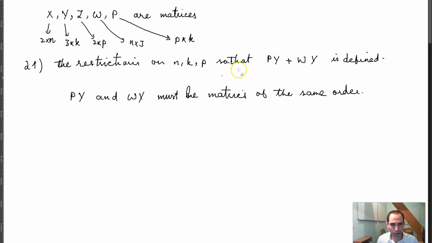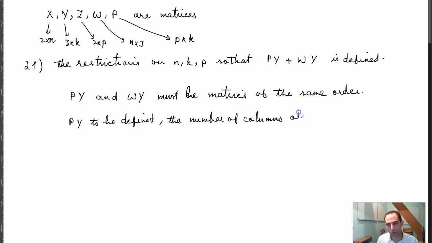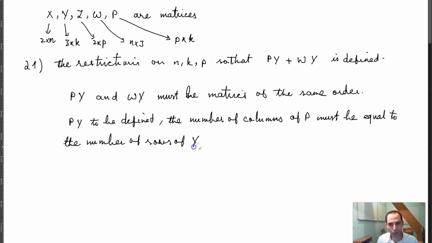Moreover, for PY to be defined, the number of columns of P must be equal to the number of rows of Y.